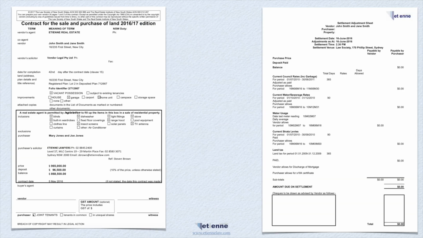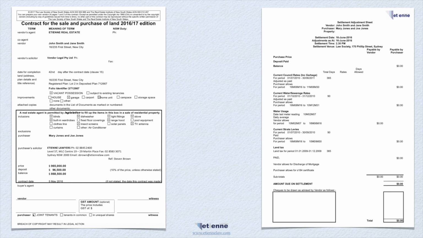Having set a completion date, the purchase price and deposit after the names are then inserted into the settlement sheet. So we then prepare the settlement adjustment sheet by inserting names of the vendors, the purchasers.